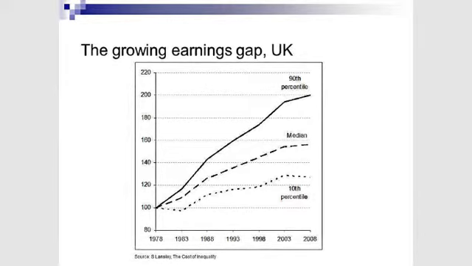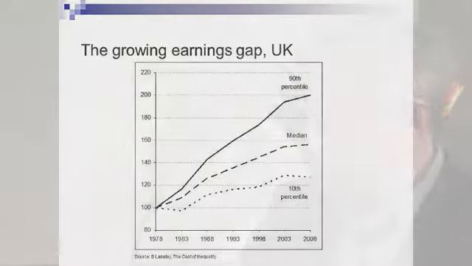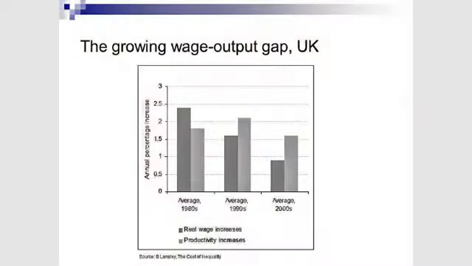And you can see that those in the median have enjoyed wage increases at twice the pace of the bottom 10%, and those at the top have been enjoying wage increases at 4 times that pace. So basically what has been happening is that those at the bottom have been getting a declining share of a diminishing cake. Now, this pattern is replicated across most OECD countries, not all of them.